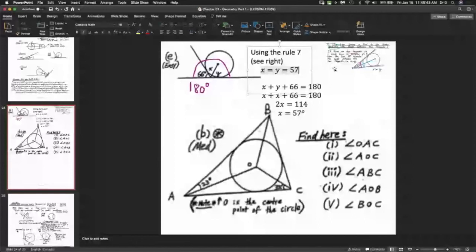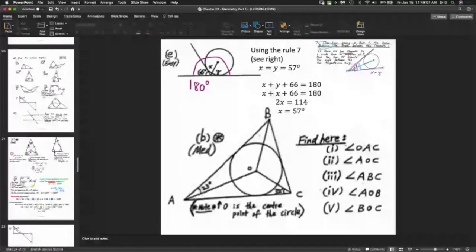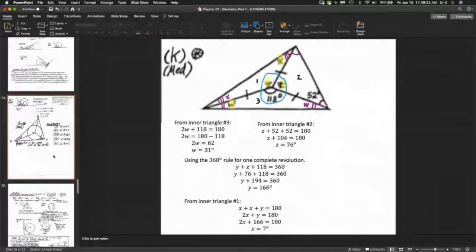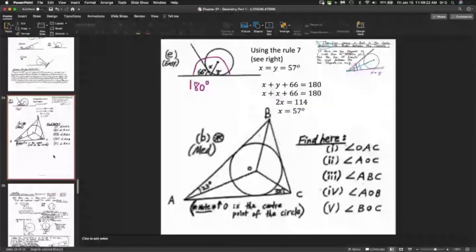Anyway, you remember we did this question earlier? Where is it here? Okay. Remember this question here? Question K? If you want to see a remix of this question, look no further than this question here. That's basically the same question, but it's using Rule 7 a bunch of times.